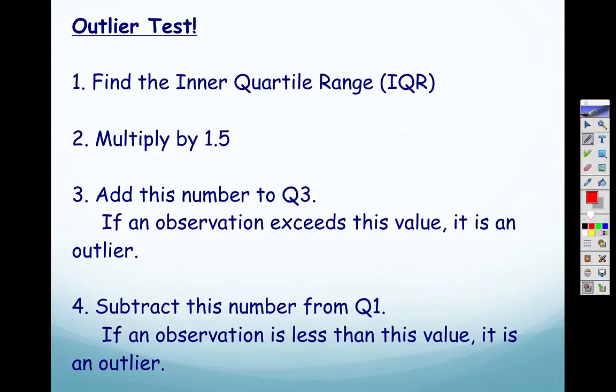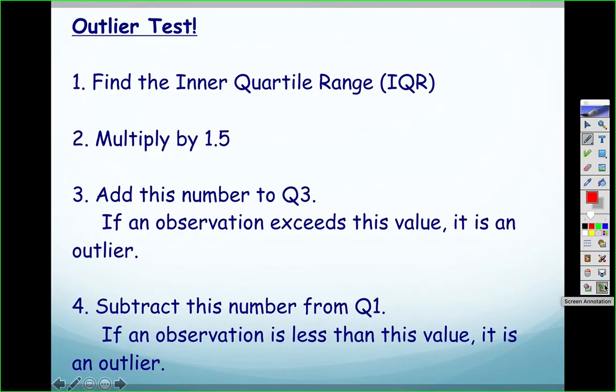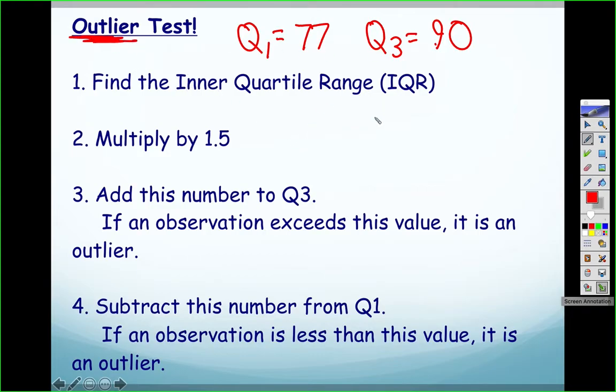So we just did a data set. I'm going to use the data we've just been looking at, the stat scores. I'm going to show you we don't need all that much here. Q1 was equal to 77 and Q3 was equal to 90. To find if a point is an outlier, we had center, shape, spread, outliers.